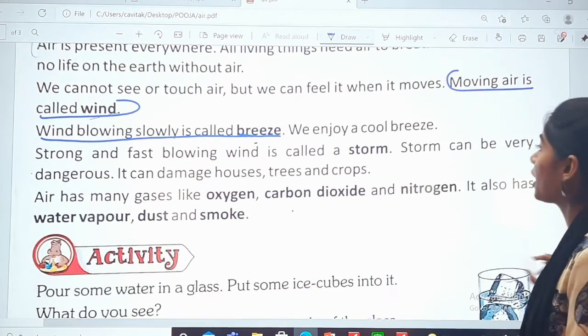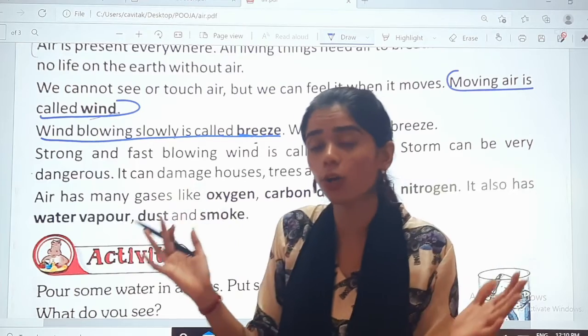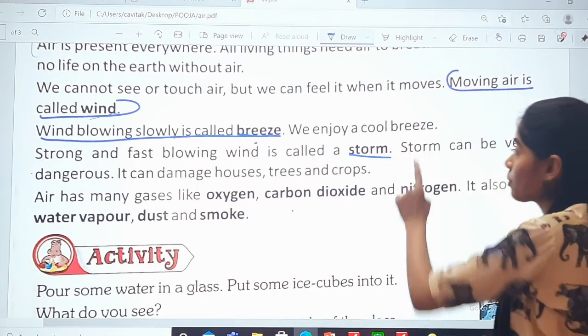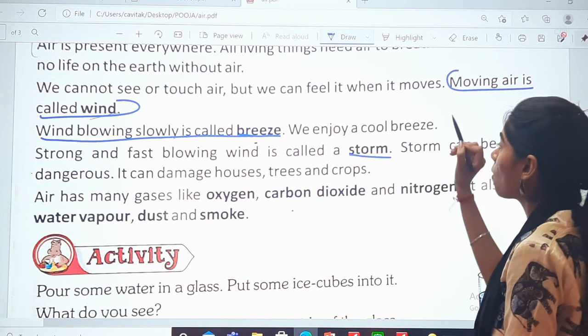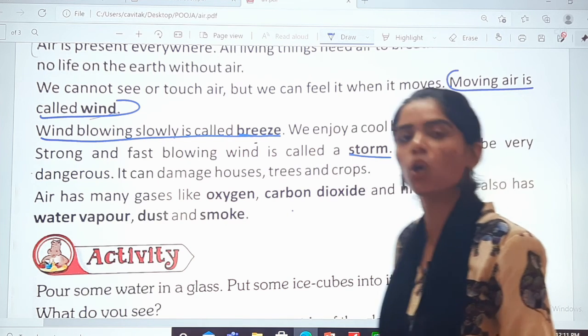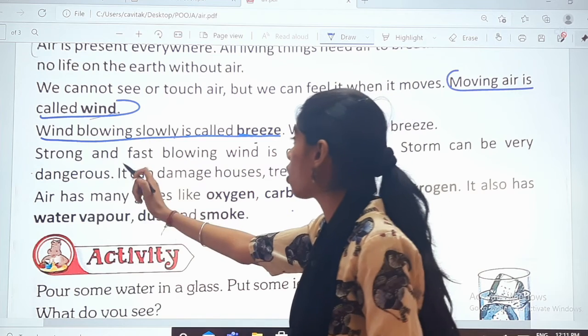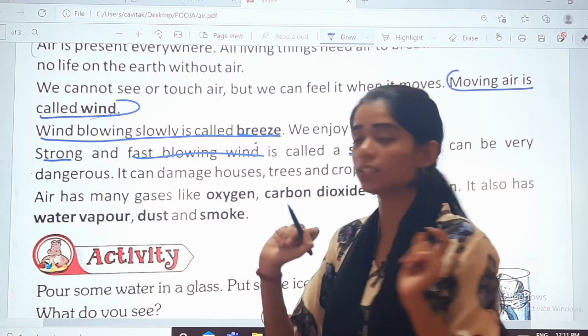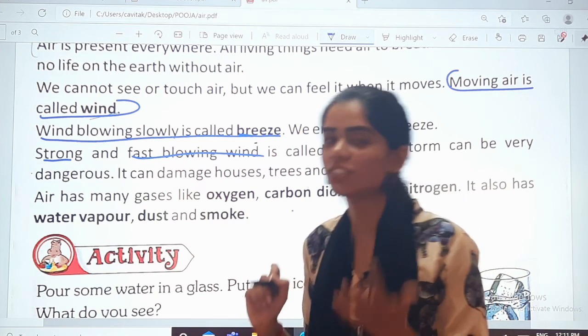Then we have studied about storm. Very strong. What is storm? Let's read the spelling. S-T-O-R-M. Storm. Strong and fast blowing wind is called storm.